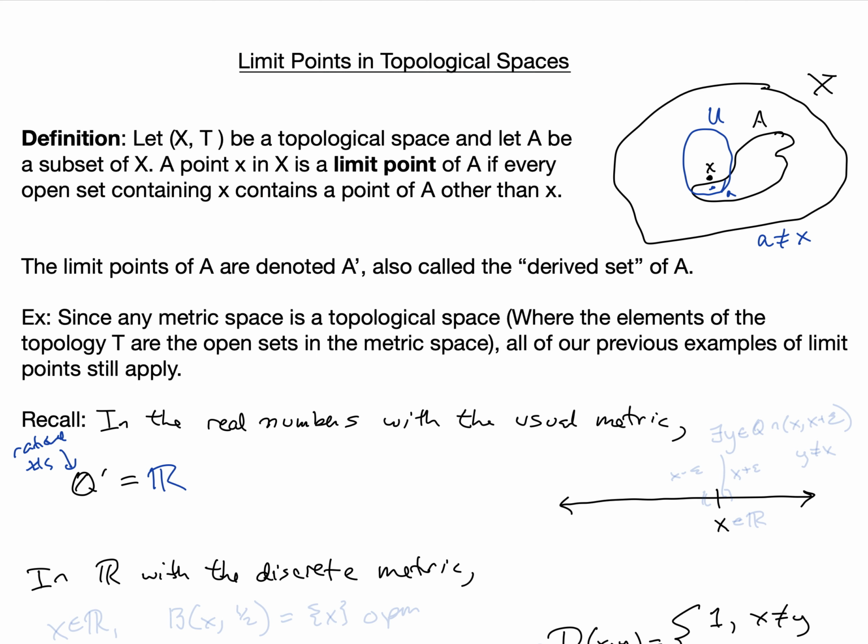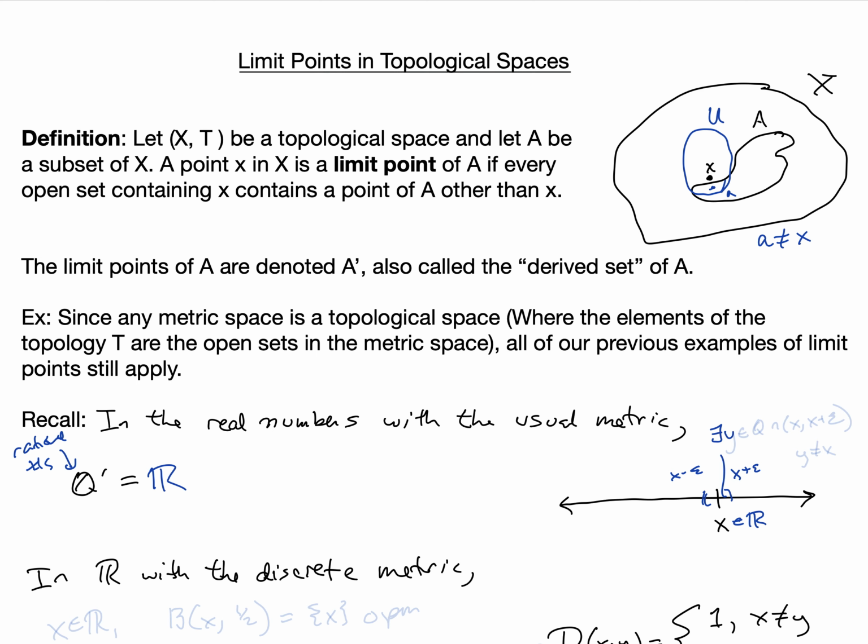Why is that? If we take any x in the real numbers and take an open ball or an open set containing x, then in the usual metric, any open set also contains an open ball of some positive radius, (x - epsilon, x + epsilon), and we know that between any two real numbers there is a rational number.